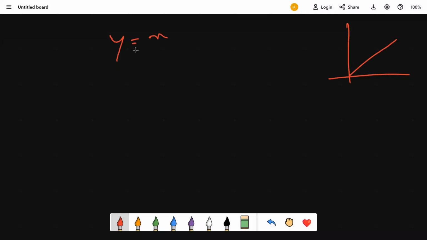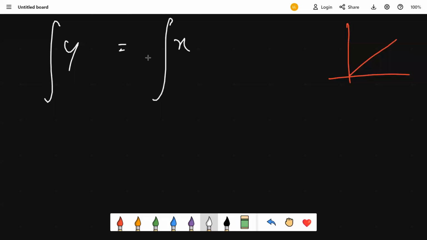Now, integration, the formula is something like this. We are integrating this equation of y equals x. That means we do need that sign on both sides. Now, with respect to what should we integrate? On the left side, we have the variable y. So we want to integrate this in terms of y, so we have to place a dy on the left side.